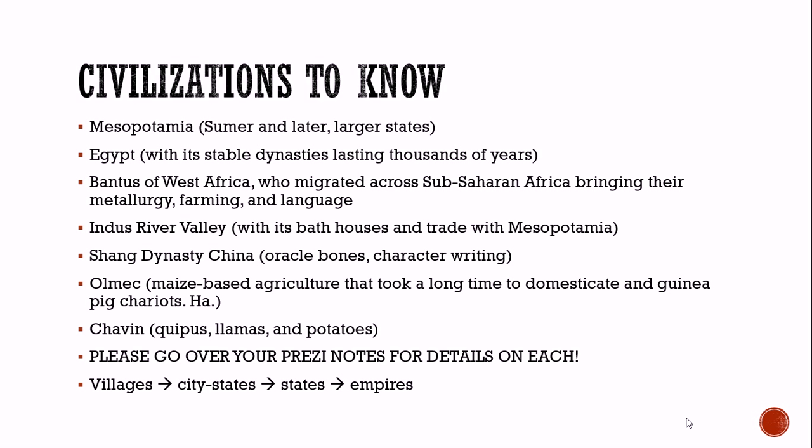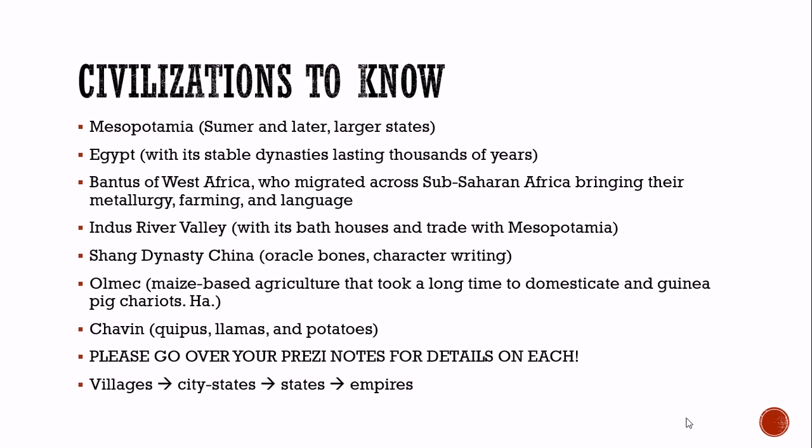We talked about villages in the early Neolithic period that gave way to city-states, which was just a city and its surrounding agricultural land. Eventually, one city-state would become very strong and perhaps conquer a few surrounding city-states. That new political entity would be called a state, and over the governing of those city-states would be one central government.